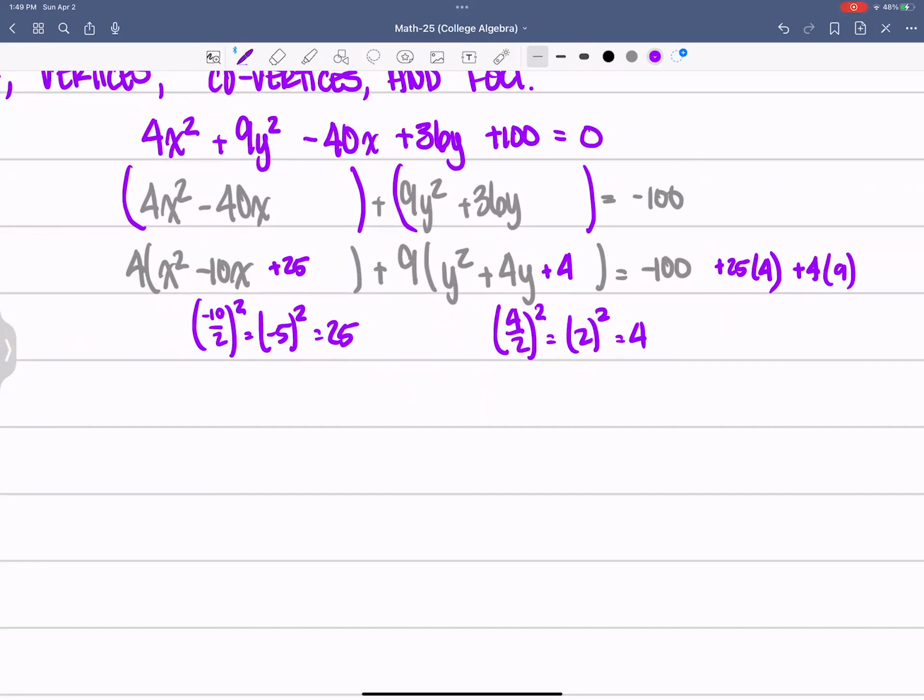All right, so now let's rewrite everything. We just forced this to be a perfect square, and this to be a perfect square.